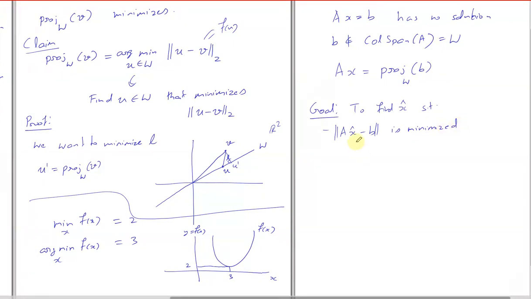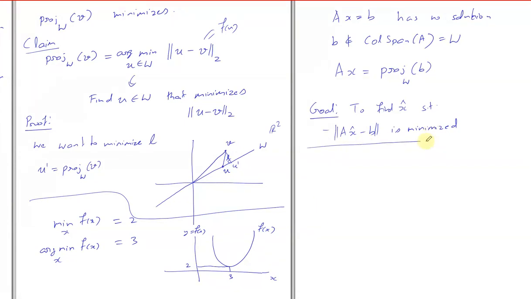If B was in the column span of A, then we could make this 0. But unfortunately, B is not in the column span of A. But we want to find the x hat such that the norm of Ax minus B is minimized.